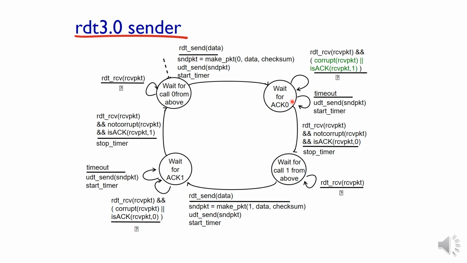It will wait until it receives acknowledgement 0. The same thing happens here also. Waiting for acknowledgement 1, but the acknowledgement is corrupted, or it receives an acknowledgement which is not expected. If either of these two happens, these are separated by an or inside the inner bracket, in both these cases it is a negative scenario.